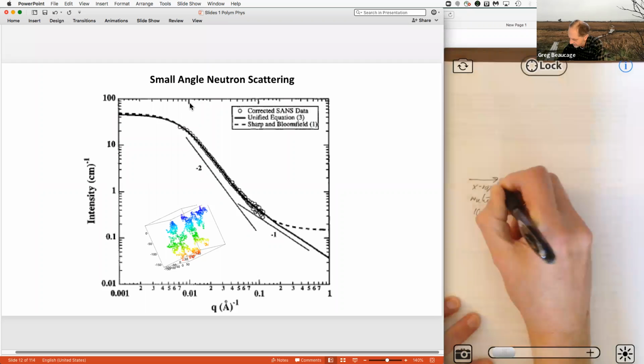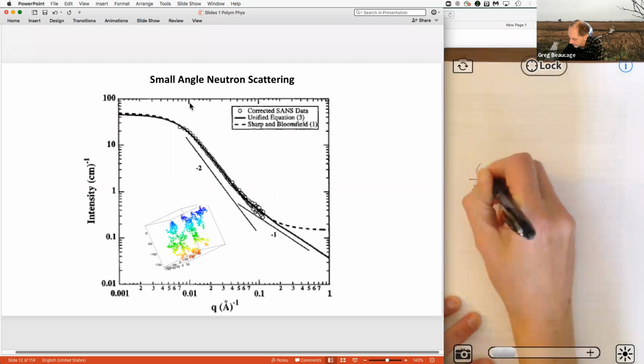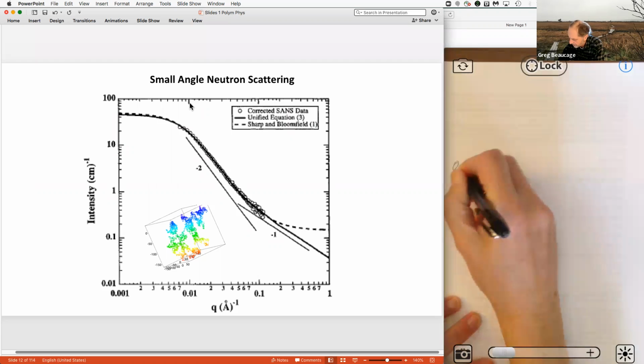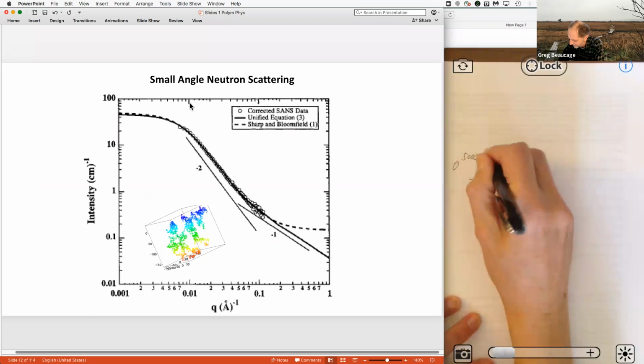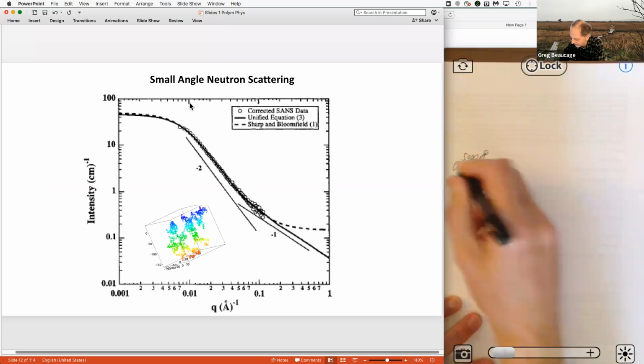X-ray is about 5 angstrom; that's tunable. And then light is going to be like 500 nanometers, so 5,000 angstrom, for red light.